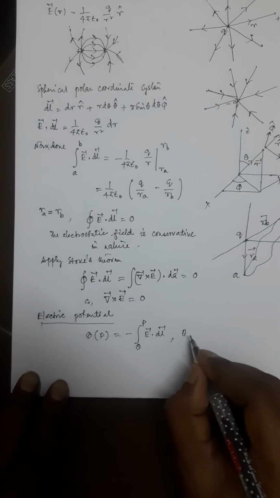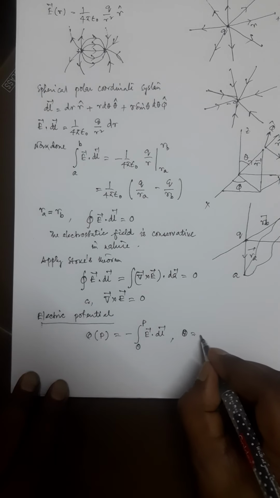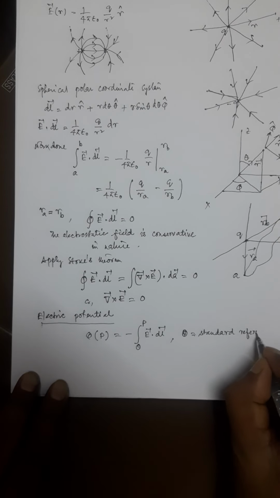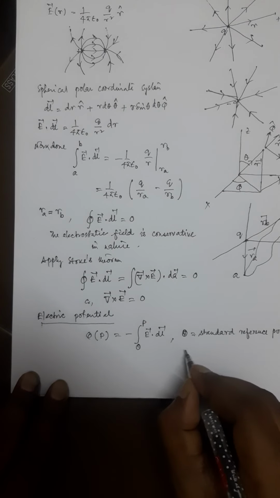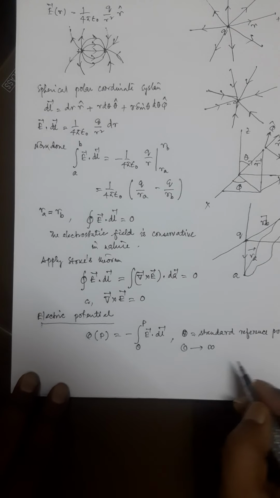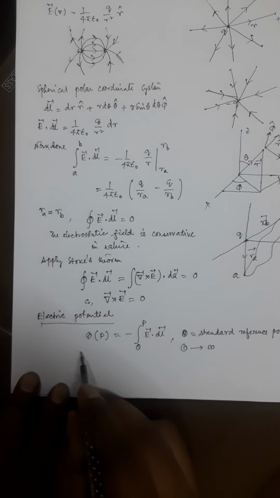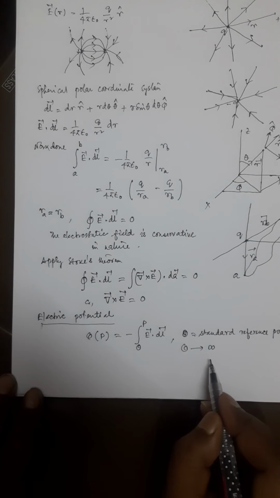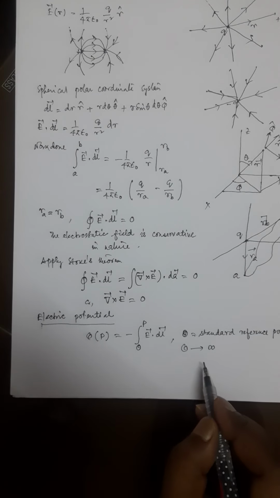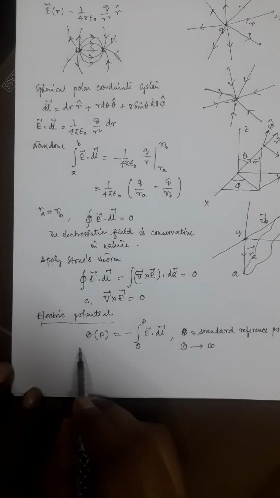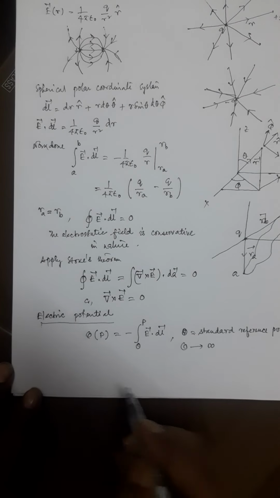Now this point O is the standard reference point, and usually we take this reference point as a point at infinity, where the electric potential tends to 0 at infinite distance, because at the point at infinity there will be no field and there will be no effect of the charge, and naturally the electric potential will be 0.